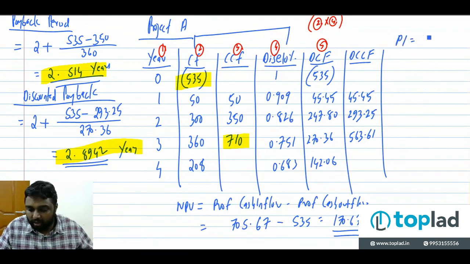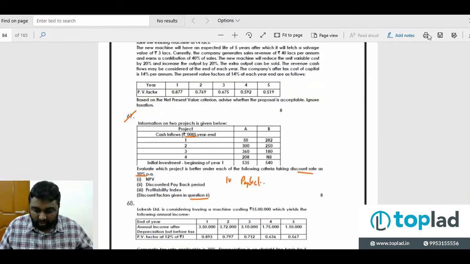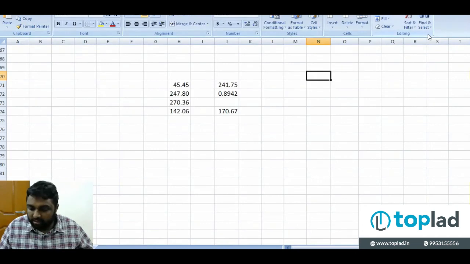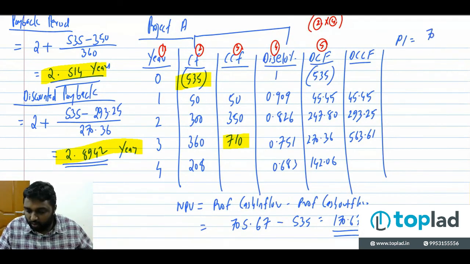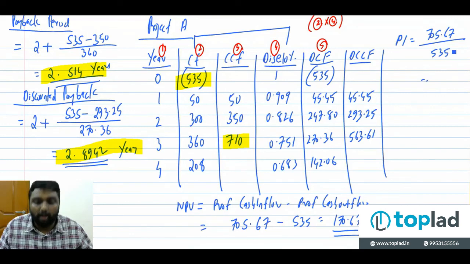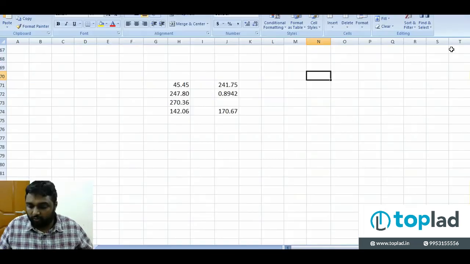Last but not the least, the profitability index is also asked. What is the equation for the profitability index? Present value of cash inflow divided by present value of cash outflow. You may have a doubt, sir, whether we can do it with the difference formula. Yes, you can do it, but you have to take proper note of everything.